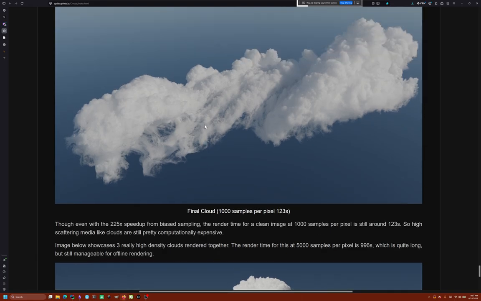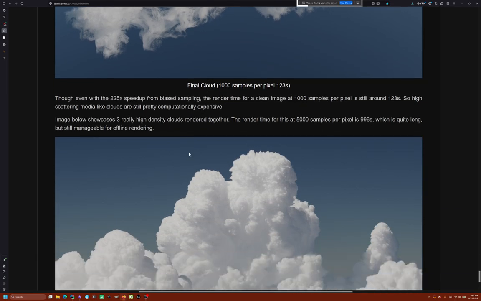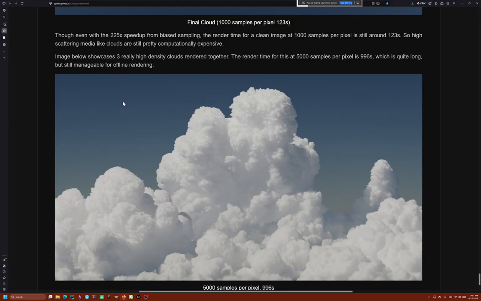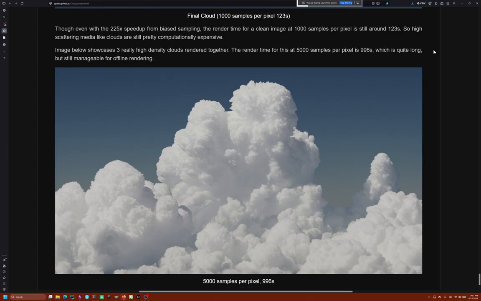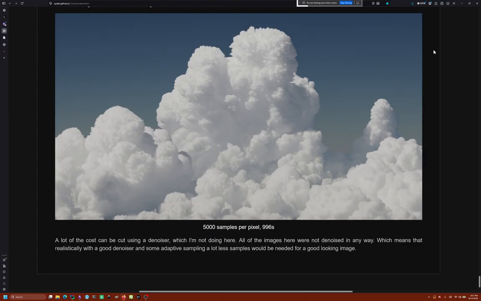Still computationally expensive, about 1,000 seconds, and it looks pretty damn good. And then they mentioned also that it can be reduced a lot with a denoiser as well.